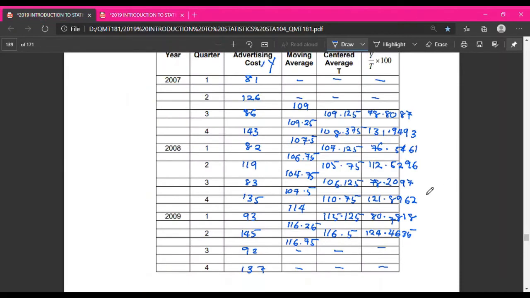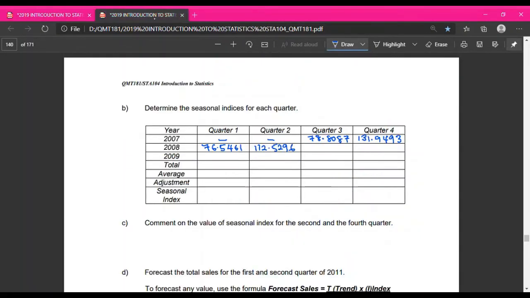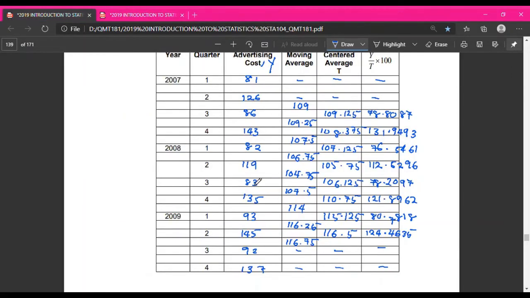I am confused whether it is 6 or 5, so let us try again here. Third quarter, 78.2097. Fourth quarter, 121.8962.